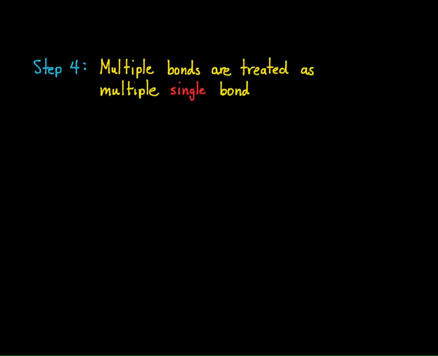Now, lastly, I want to talk about multiple bonds. So the way that you deal with multiple bonds is that you treat each multiple bond as multiple single bonds. What do I mean by that? Well, let's take a look at this, where I have a tert-butyl substituent coming off of the carbon on the top, and then I have an isopropenyl group coming off at the bottom. And so see, I have that carbon-carbon double bond.